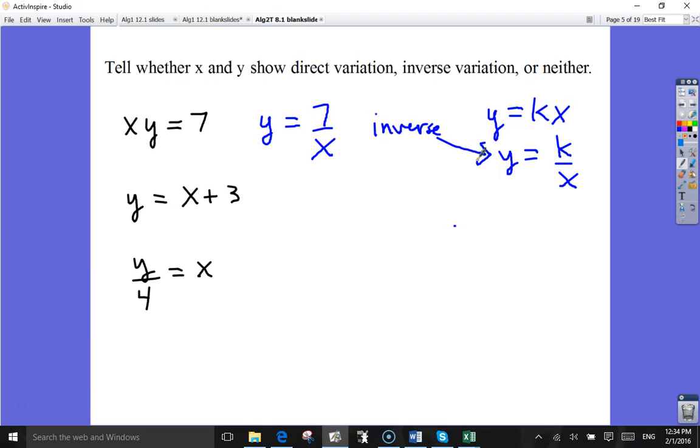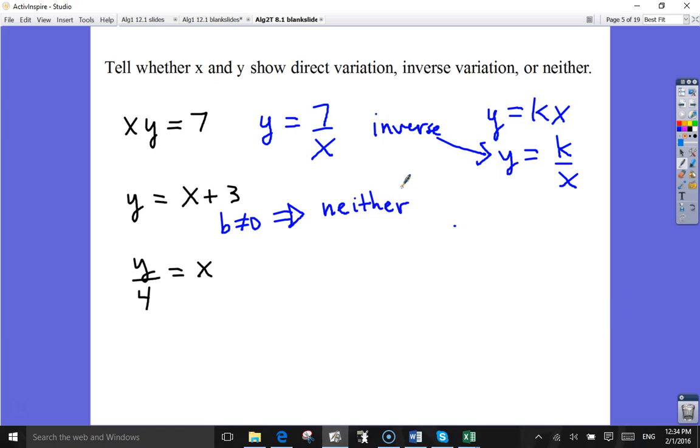The problem with it is what? It has a y-intercept which is not equal to 0, so that can't be a direct variation. It's definitely not an inverse variation because that x is not in the denominator, so it's neither. So b does not equal 0. So therefore, neither.